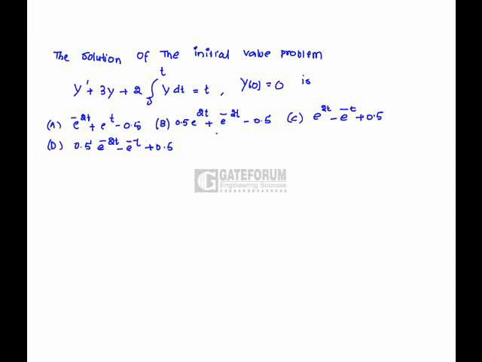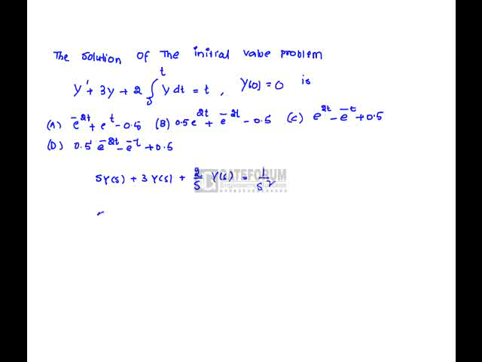The solution of the initial value problem: y dash plus 3y plus 2 integration 0 to t y dt equals t, and y of 0 equals 0. So if we apply the Laplace transformation on both sides of the above equation, we will get s y of s plus 3y of s plus 2 by s y of s is equals to 1 by s square.